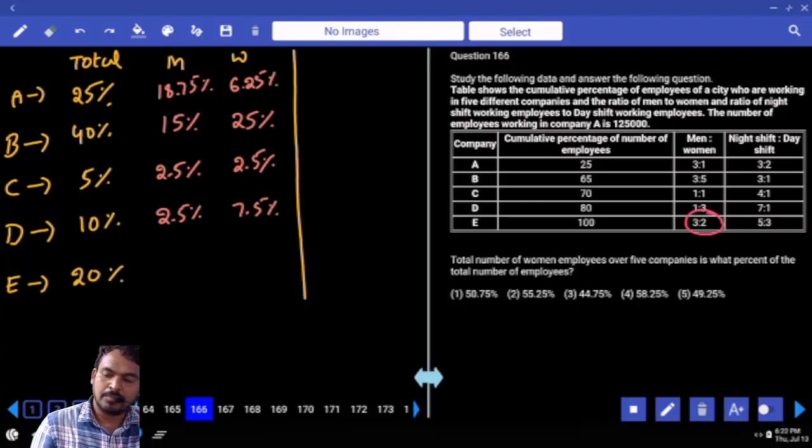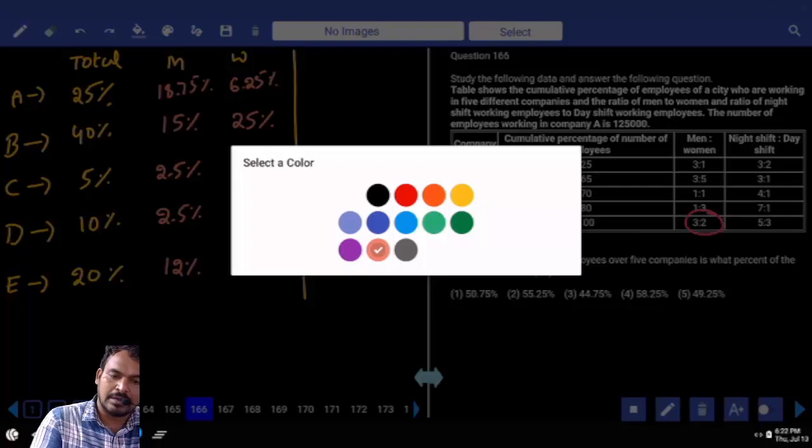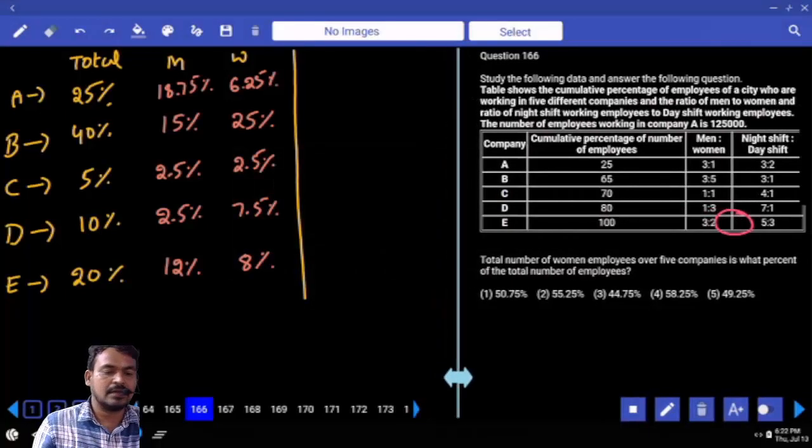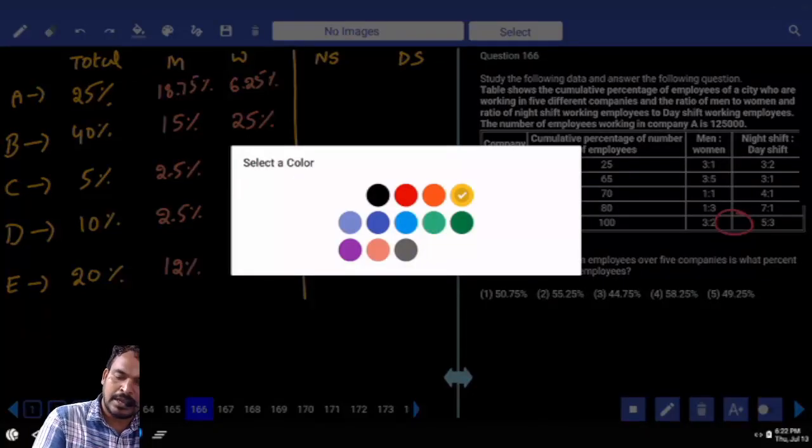Total 5 parts means 3 parts are 12, 2 parts are 8%. Men and women are all converted to percentage or value? Percentage. Again, the night shift employees and day shift employees.